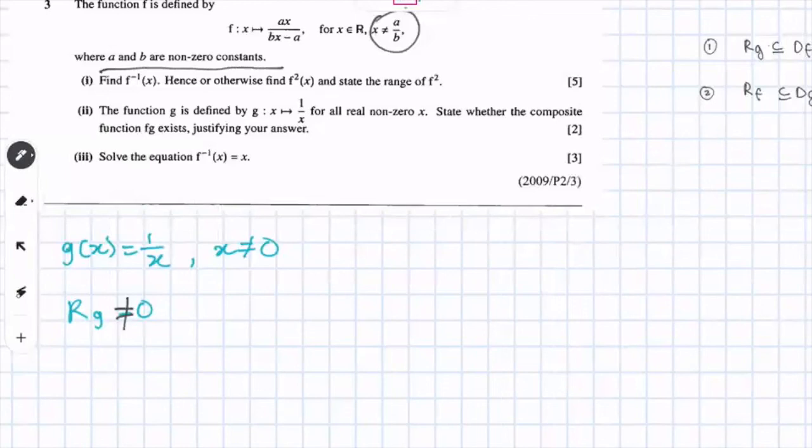Non-zero constants. So RG is a subset of DF, and therefore FG does exist.